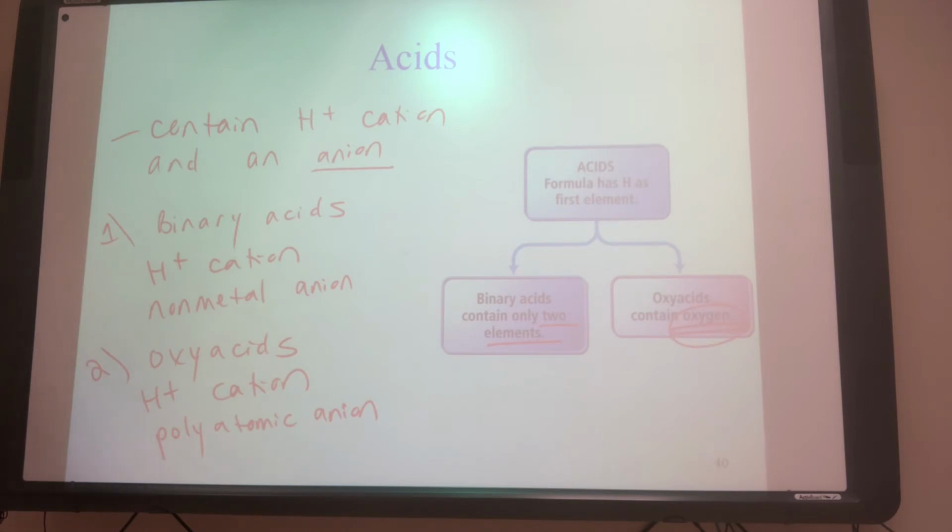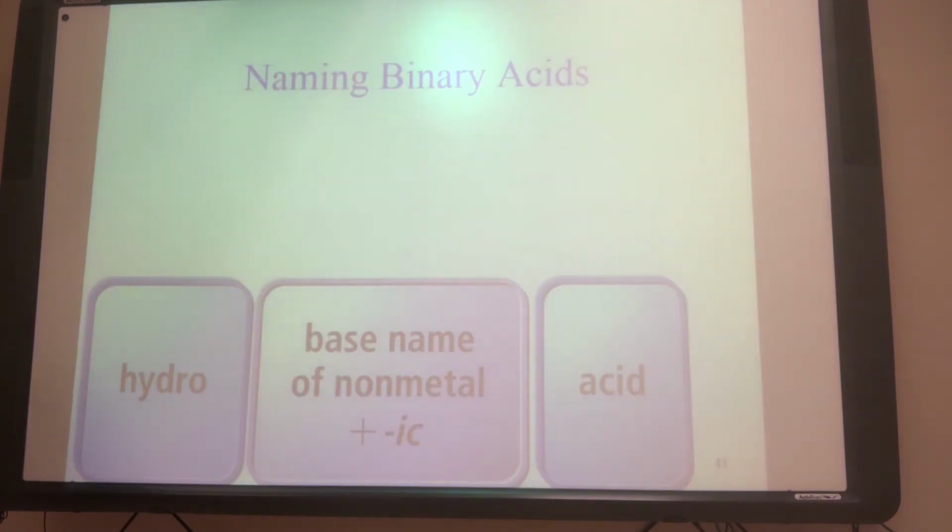All right, so let's start practicing how to name things. So the first thing we want to start practicing are binary. So let's start naming binary acids. So if I gave you the formula, can you do the name? So binary acids, remember this is H plus and my non-metal anion. So the first thing I'm going to do is write hydro, which is my prefix. This kind of stands for my H plus.